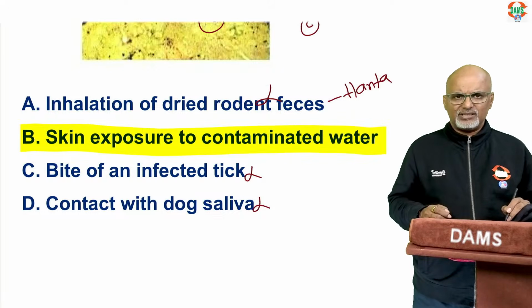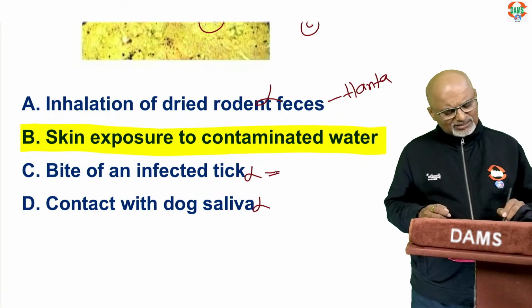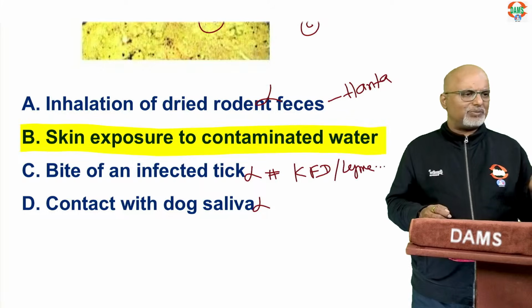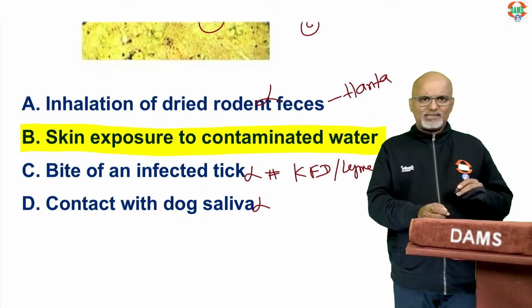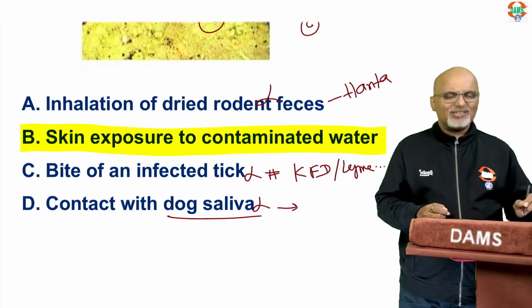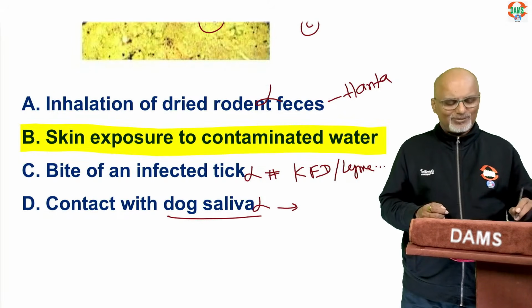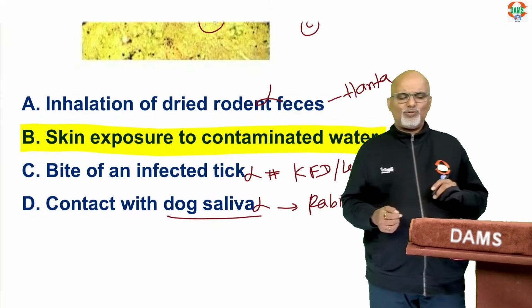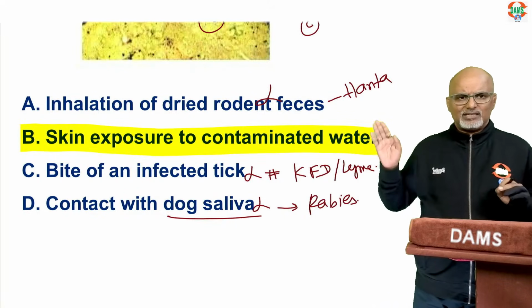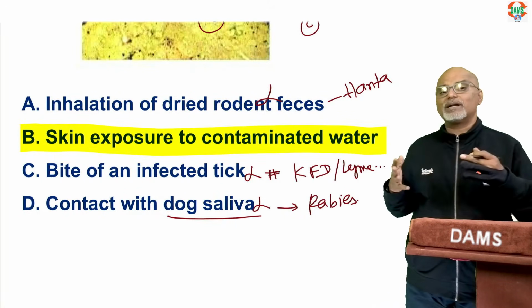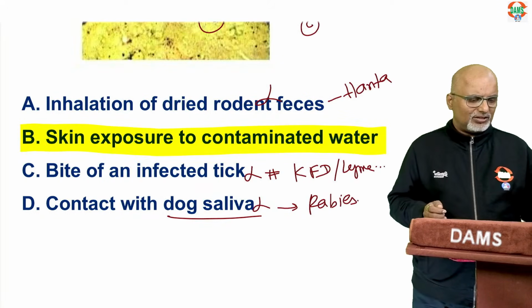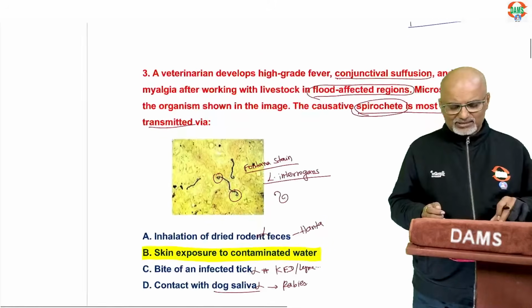Bite of an infected tick, many things are there: KFD, Kyasanur forest disease virus, Lyme disease, babesiosis, etc. Contact with dog saliva, which one? Rabies. Got it? So the mode of transmission of Leptospira is entry through abraded skin. Hope people understand this.